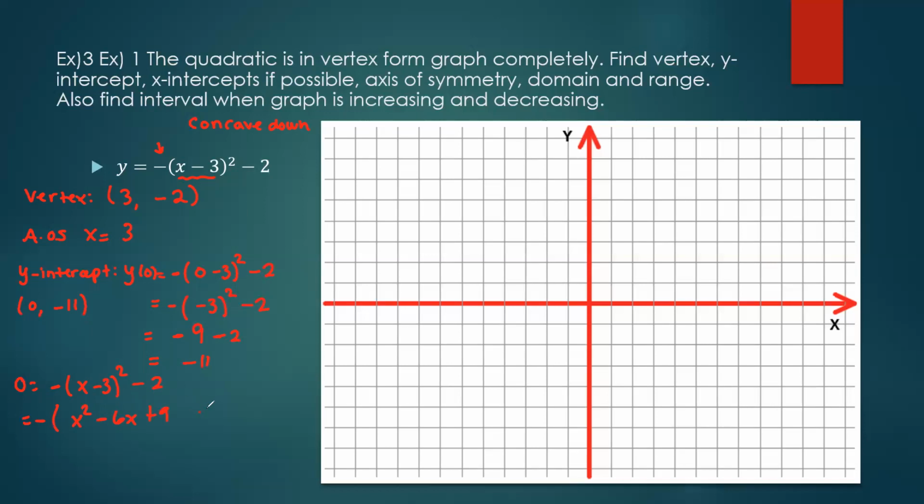And then you have a minus 2 at the end. So that is x squared minus 6x, and then 9 minus 2 is +7, right? And then you distribute this minus, so this is going to be -x squared plus 6x minus 7, equals 0.